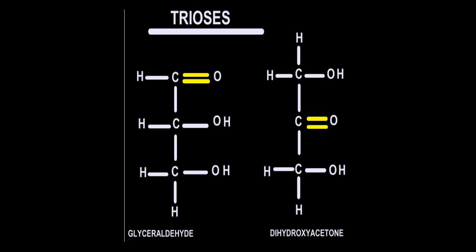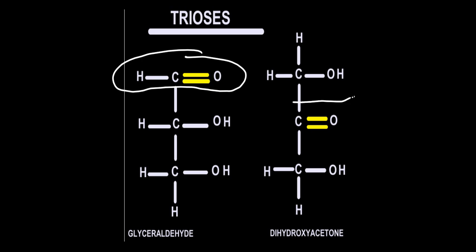Now before we move on to the dihydroxyacetone, I wanted to mention something. Look at the structures of these two molecules. Glyceraldehyde has a carbonyl group at the end of the molecule. Then dihydroxyacetone has a carbonyl group in the middle of the molecule.